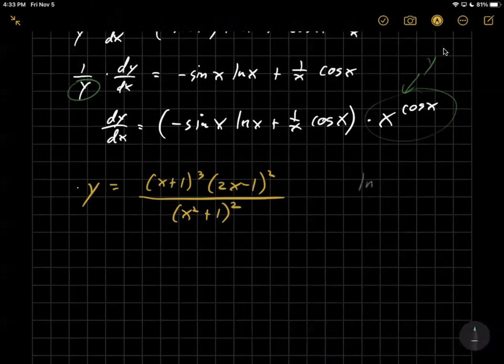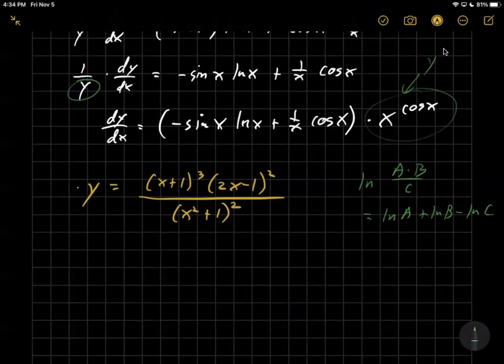We're taking the log of a times b over c. We can rewrite that as the log of a plus the log of b minus the log of c, right? So we're using both the product and quotient properties of logarithms.